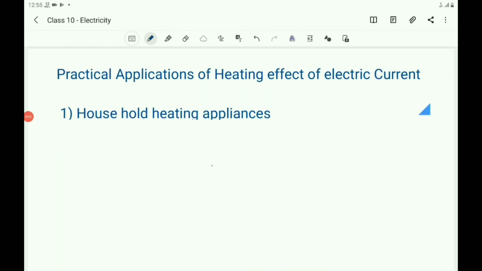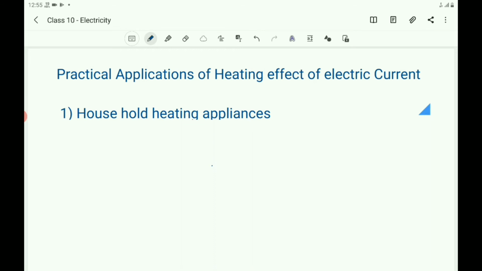Now, about the practical applications of the heating effect of electric current. The generation of heat in a conductor is an inevitable consequence of electric current. In many cases, it is undesirable as it converts useful electrical energy into heat.